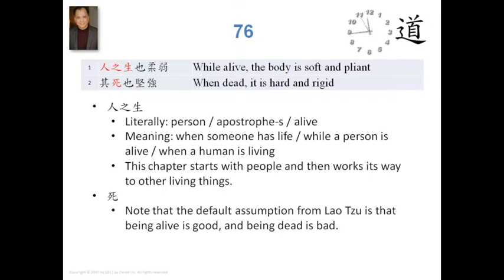Now, what do I mean when people over-philosophize this? That's because armchair quarterbacks, and in this case, armchair philosophers, people who really have no idea what they're talking about, who think they are being very profound when they say that, what? Alive is good and being dead is bad? Says who? It's all relative.